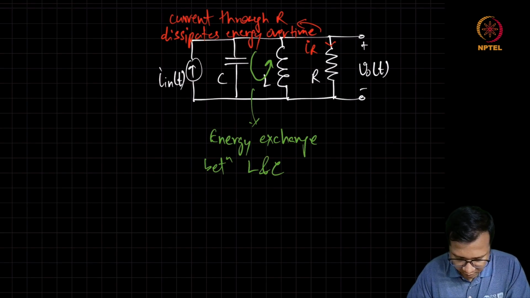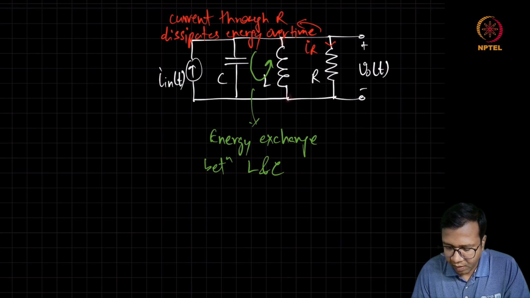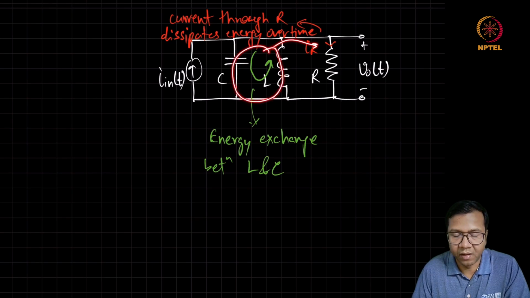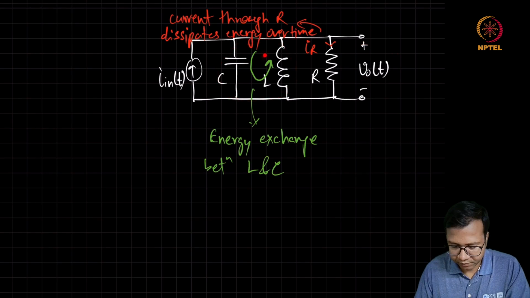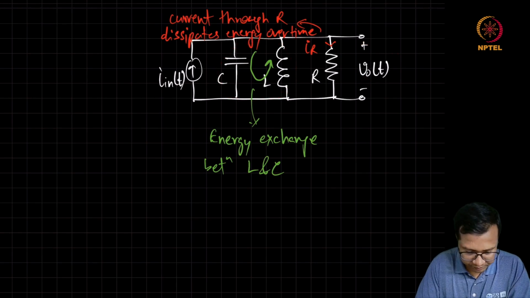So looking at the circuit, if we want to have a sustained oscillation here, we must make sure this IR doesn't come from this LC parallel combination, because if this current comes from here, then slowly the stored energy in this tank is going to become 0 over time. What we can do is, we can sense this voltage V0 and try to supply this current from another source so that the energy stored in this LC tank doesn't decay over time.